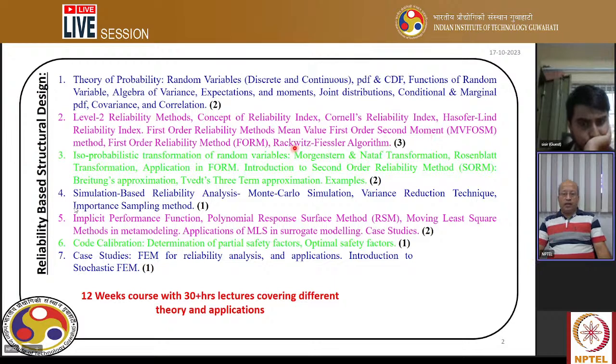Of course, as it is true for every other method, in this case also, the Rackwitz-Fiessler framework for reliability index has some background assumptions.